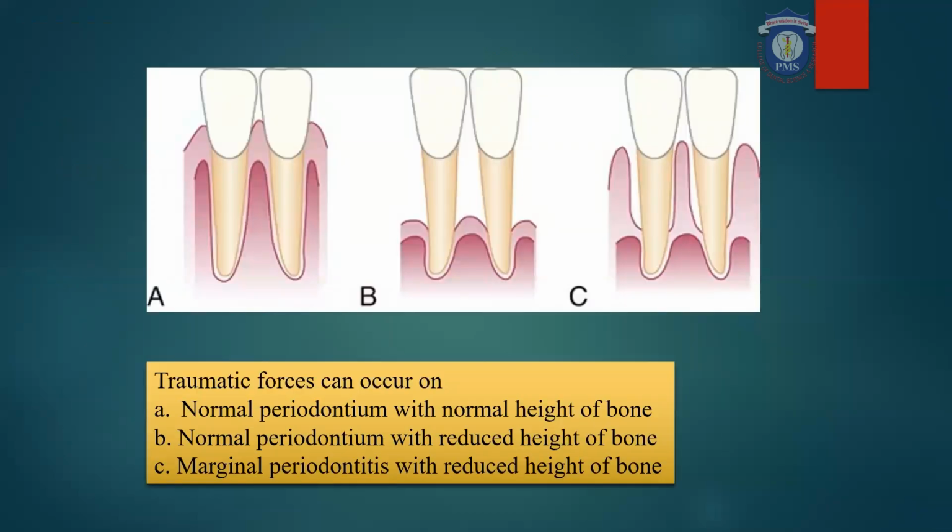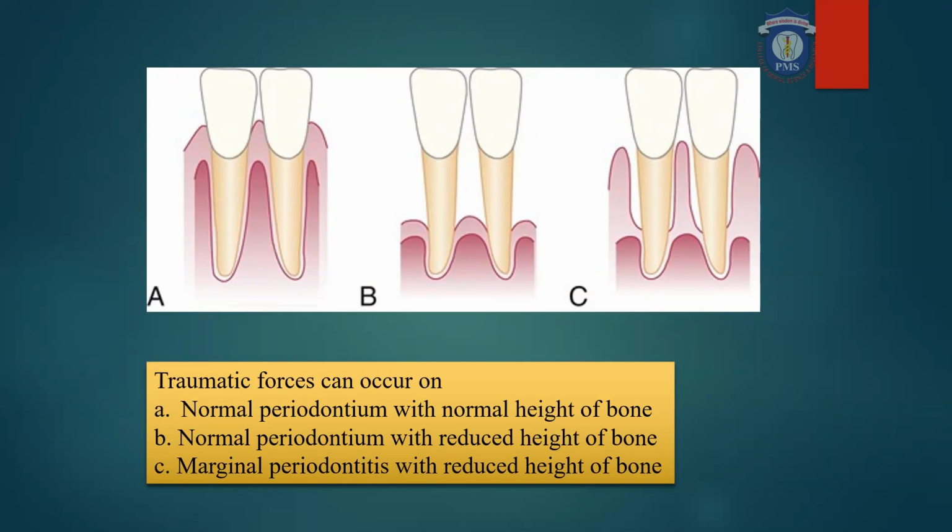These are the three different situations in which an excessive occlusal force can be superimposed. In this diagram, the first one shows the normal periodontium with normal height of the bone. That represents primary trauma from occlusion.